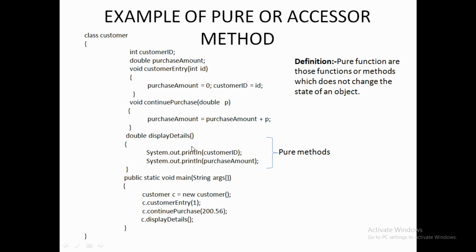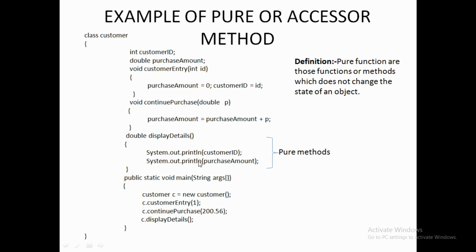Now in this slide I want to emphasize the display details method. As you can see, inside this display details method, only the value of customer ID and purchase amount is being displayed, and no other values of the instance variables get changed here.